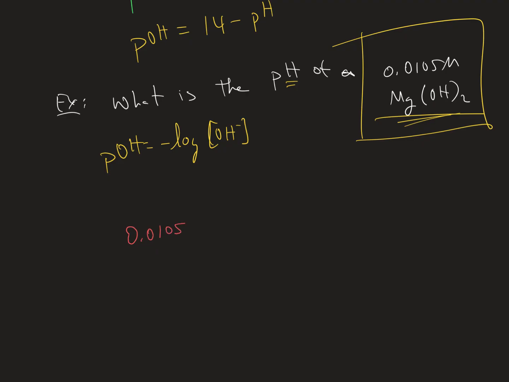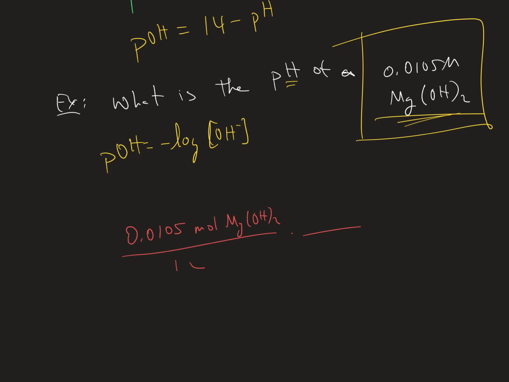Concentration of Mg. In fact, I'm going to just write it out. Moles of Mg(OH)2 to 1 liter. And I have to convert moles of Mg(OH)2 to moles of OH.